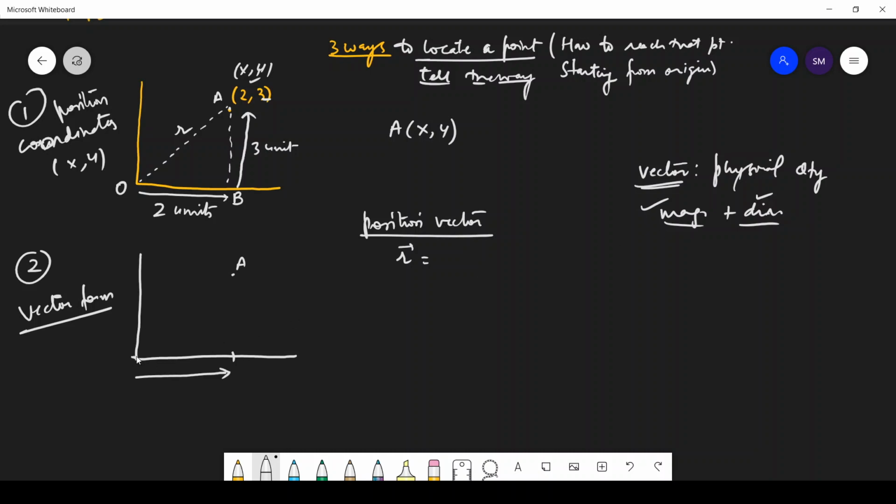See, I am telling you move 2 units, but where? Is it in this direction or this direction or this direction? I am telling you a specific direction, move 2 units along the x-axis.